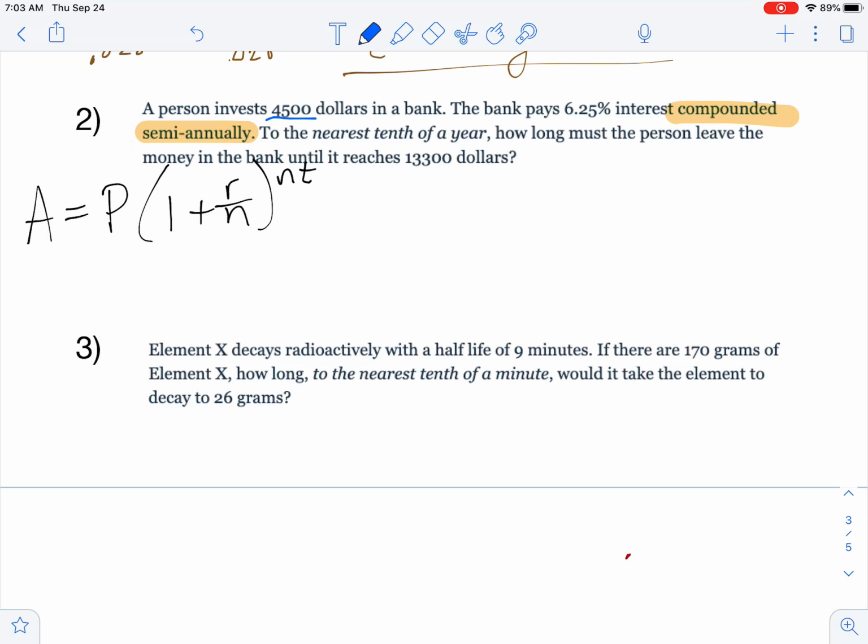I've got, this is the principal investment, this is the amount resulting, this is my rate, and I know semi-annually means twice a year, okay?